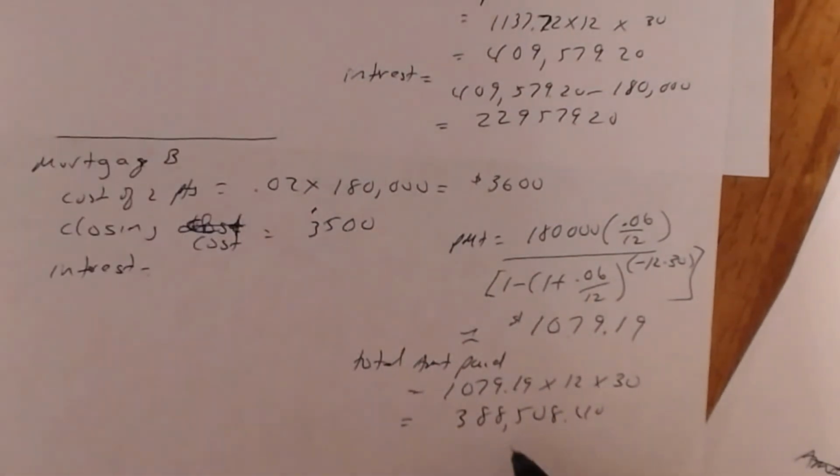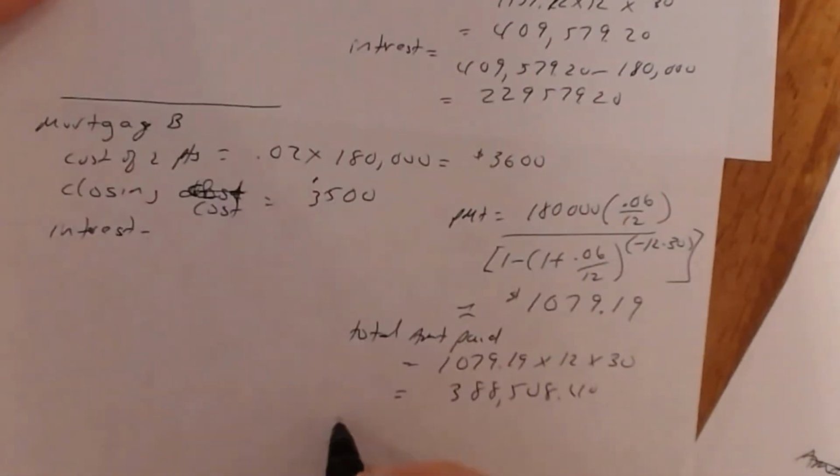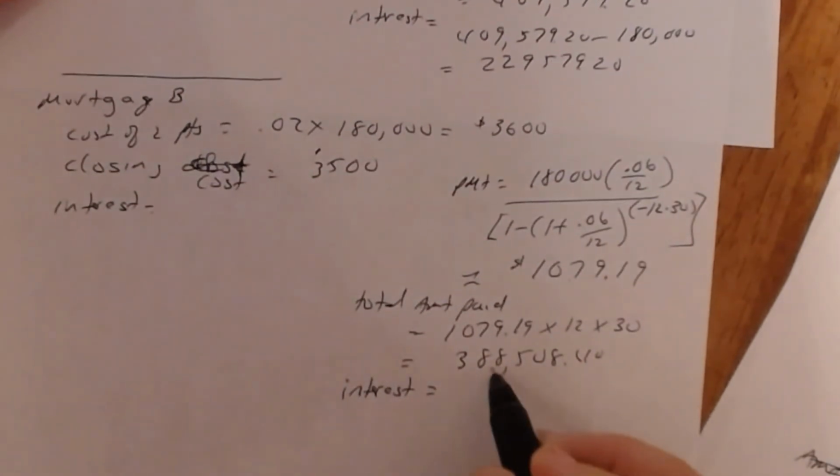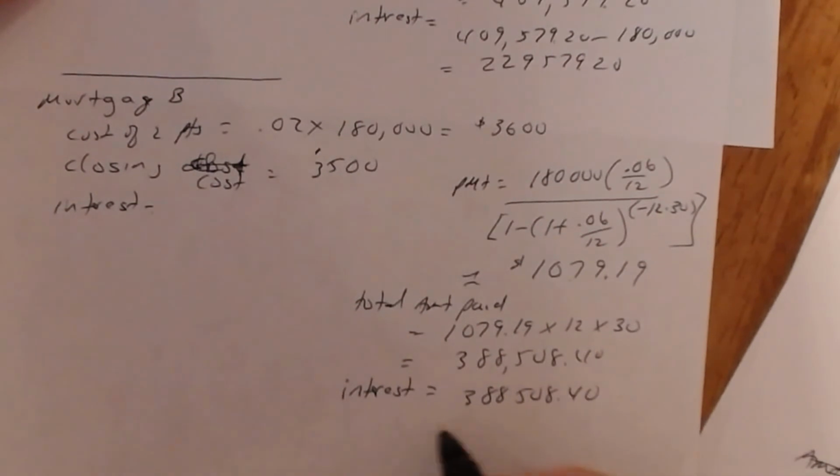That amount includes the amount you borrowed, so the interest will be this minus $180,000.